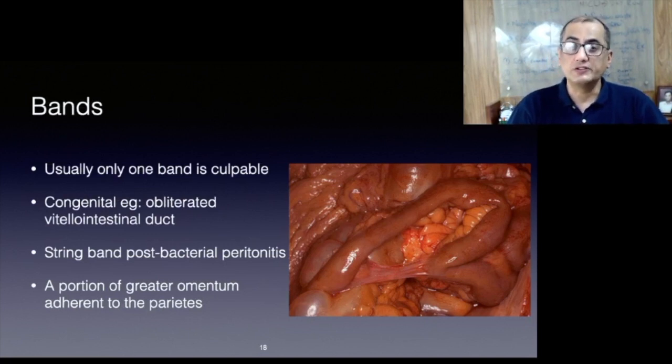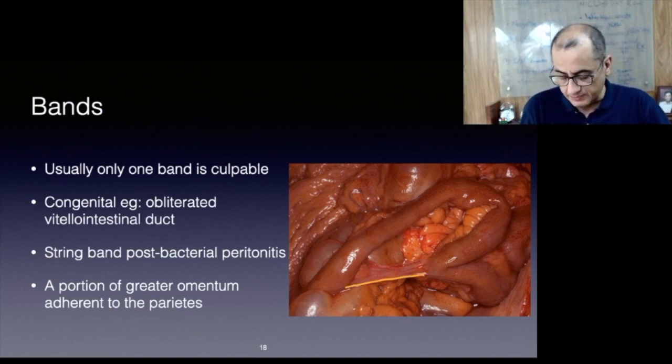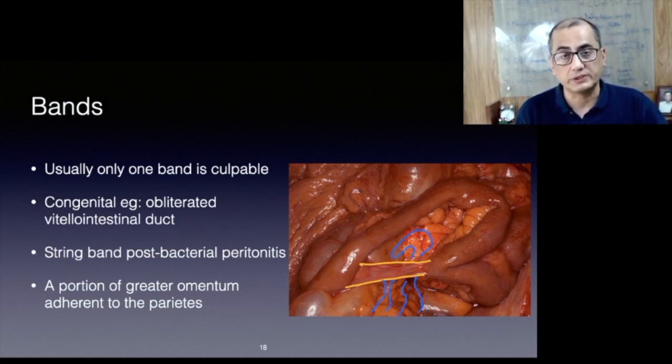This may be an obliterated vitellointestinal duct or a string band following a previous bacterial peritonitis. A portion of the greater omentum, usually adherent to the parietes, but to other structures, can also cause an obstruction. Here we see a band between two loops of the bowel wall. So a loop of intestine could get in here, and this could easily become obstructed.